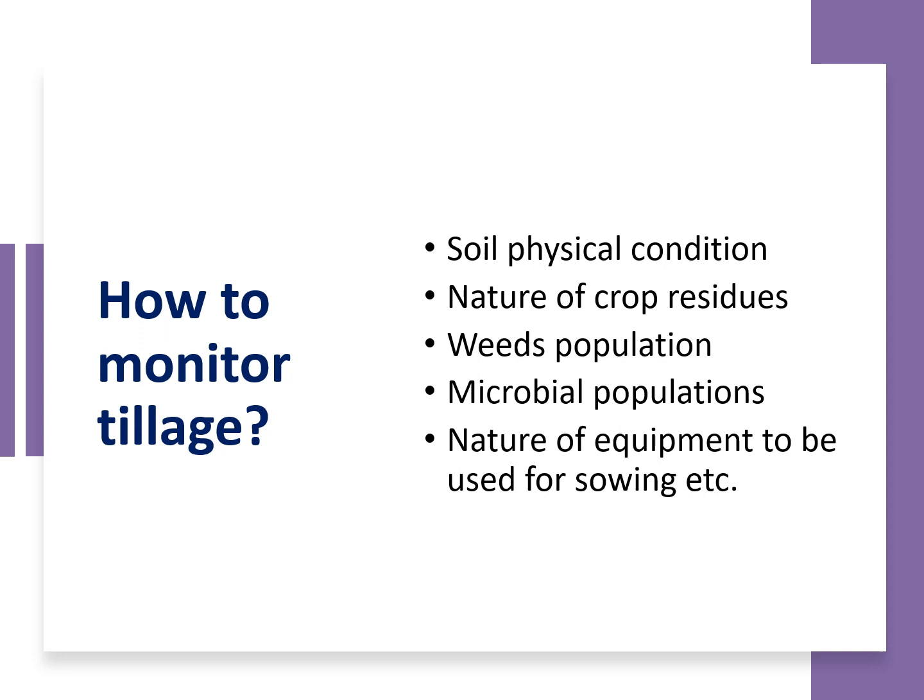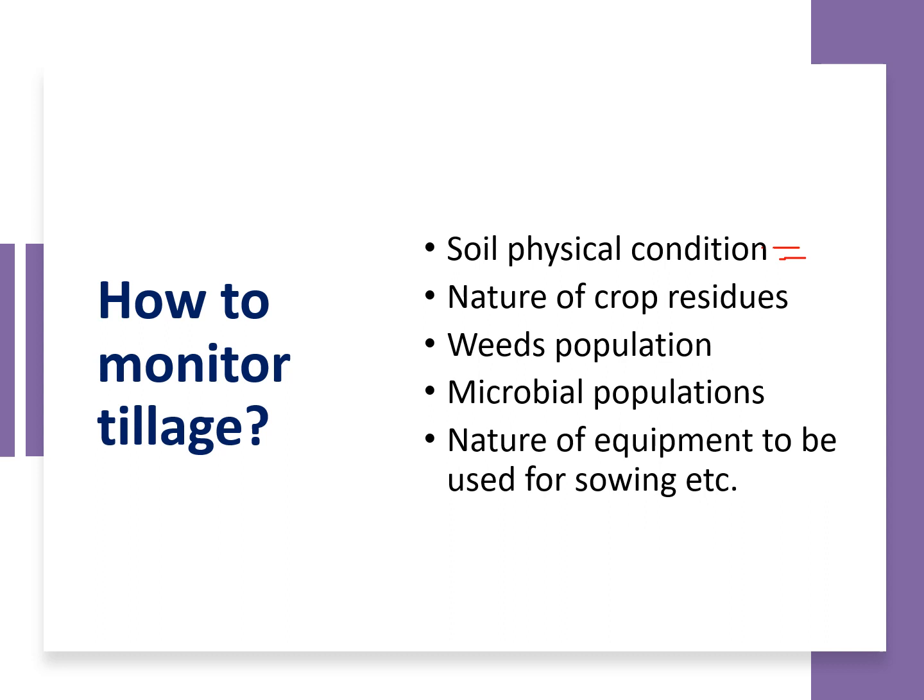We can monitor soil physical condition. When we say monitor, it means in different ways, whether there is a need of something, whether it's already in excess. So monitor just to monitor the level and to suggest. Soil physical condition can suggest to us how much tillage has been done, and whether there are any crop residues in that.